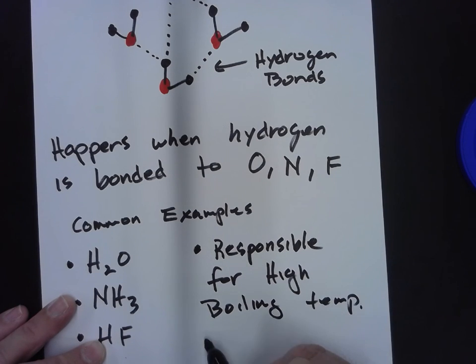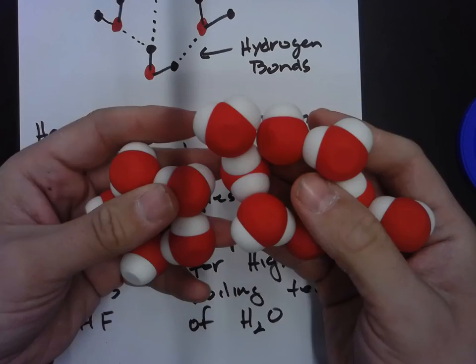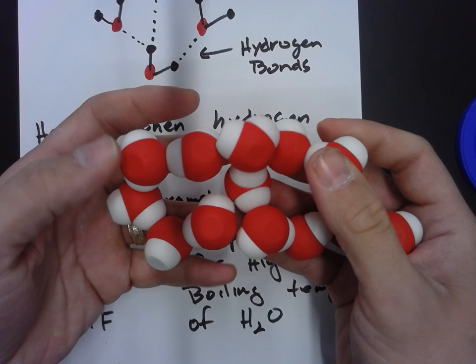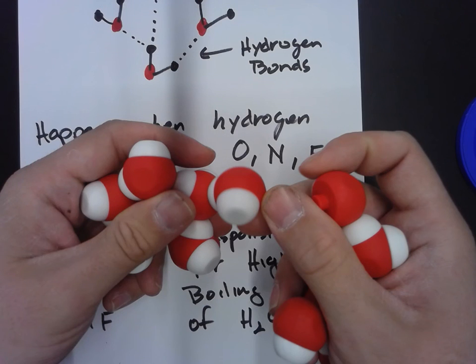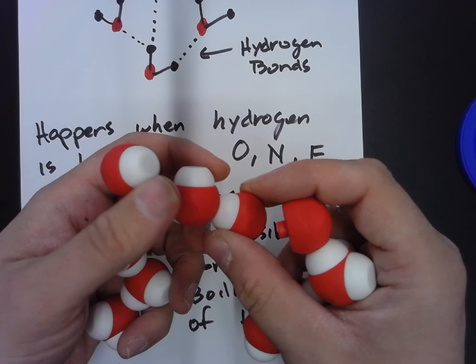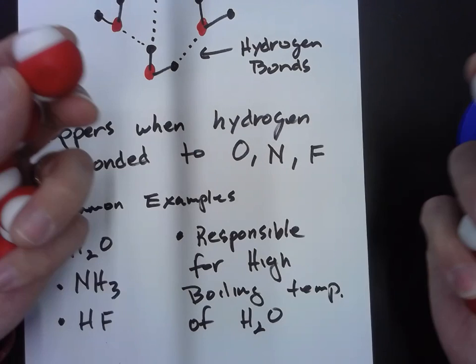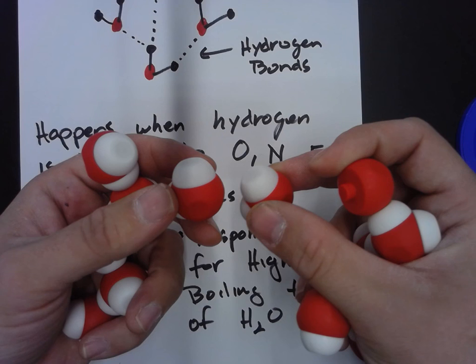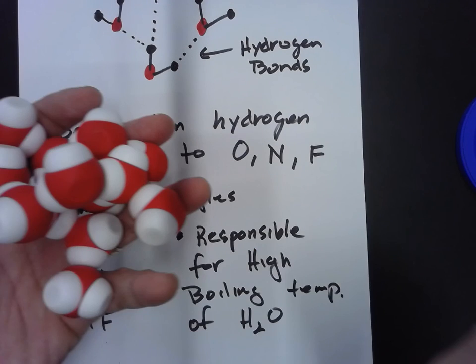Yes, hydrogen bonding is responsible for water's high boiling temperature. The reason is that these hydrogen bonds require a lot of energy to break. That's why water has such a high boiling point: it takes a lot of heat to get these hydrogen bonds to break apart in the water molecules, to vaporize, rather. I'm going to continue this set of notes in the next video.